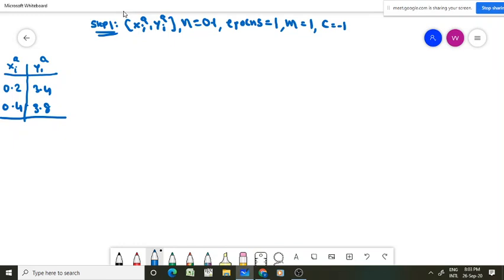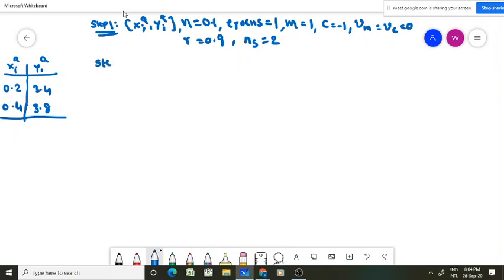For these hand calculations I am taking 1 and -1, but you have to generate them randomly. Initialize Vm equal to Vc equal to 0, and initialize the momentum coefficient equal to 0.9. The number of samples equals 2. So we have initialized all the parameters.